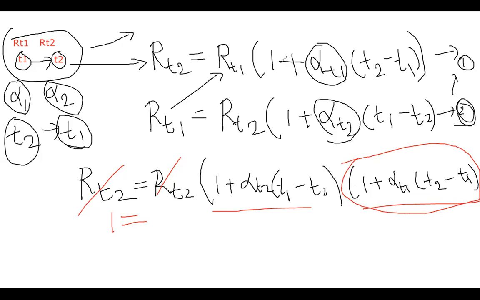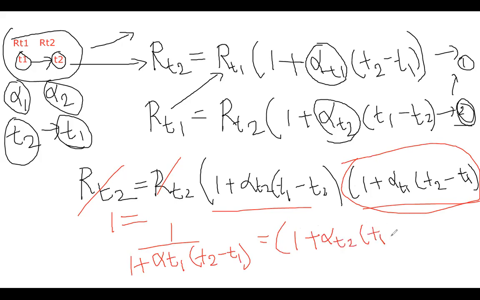Let me rewrite the equation: 1 divided by 1 plus alpha T1, T2 minus T1, is equal to the rest of the right-hand side as it is, 1 plus alpha T2, T1 minus T2.